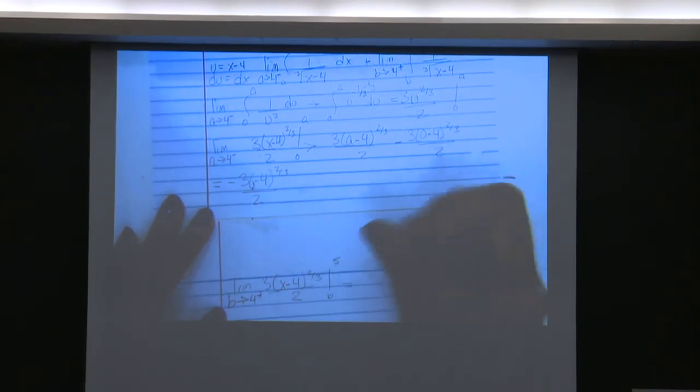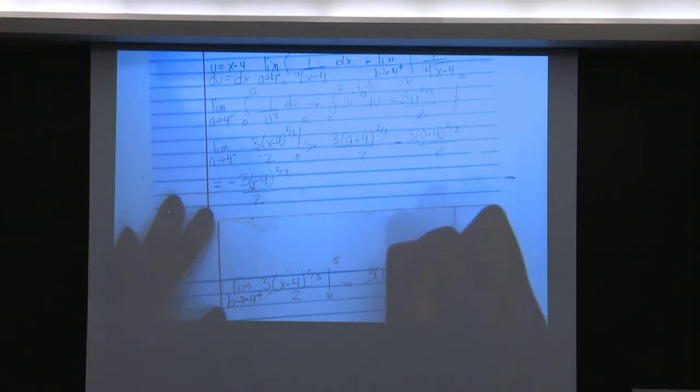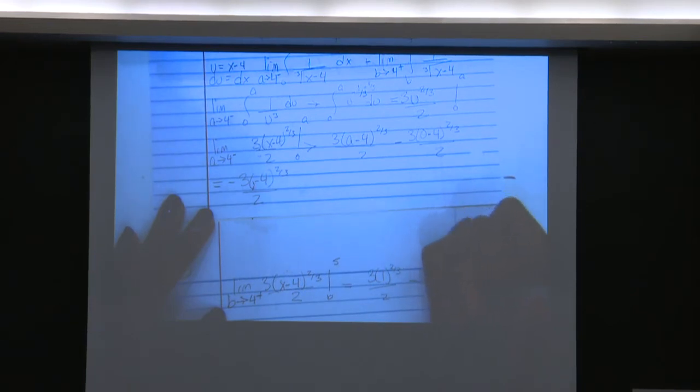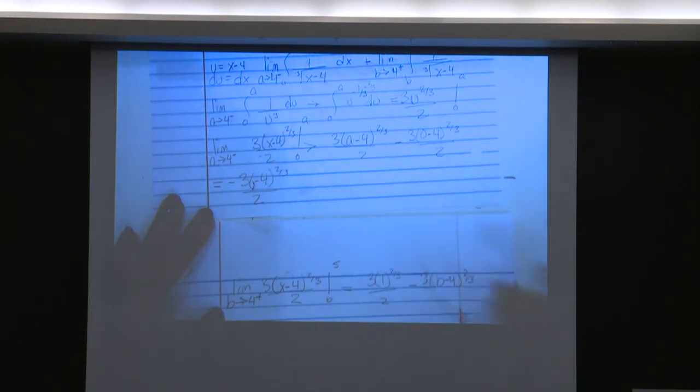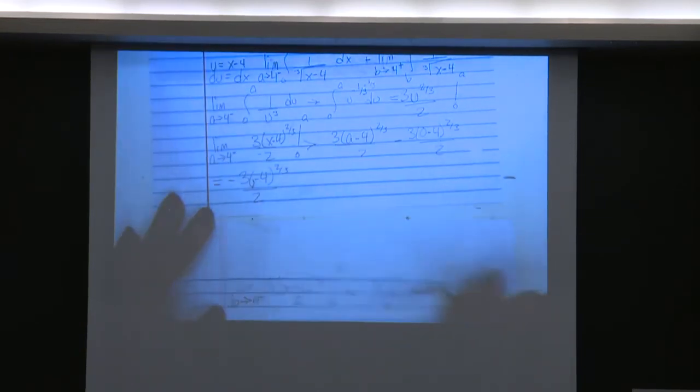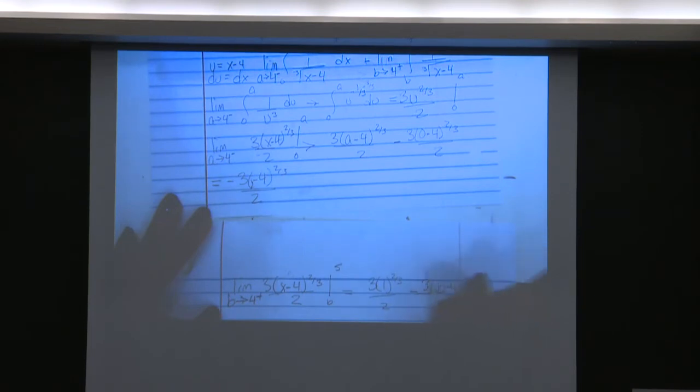And that gives me 3 times 1 to the 2/3 over 2 minus 3 times B minus 4 to the 2/3 over 2. Oh, what's wrong with my paper? Okay.